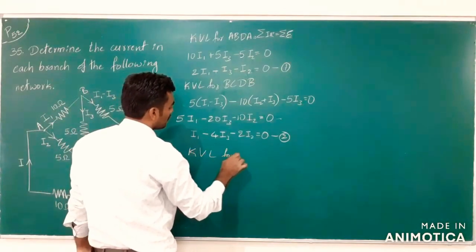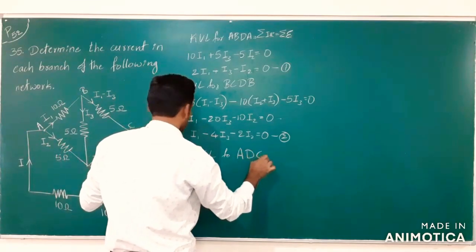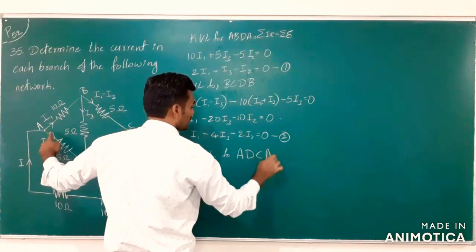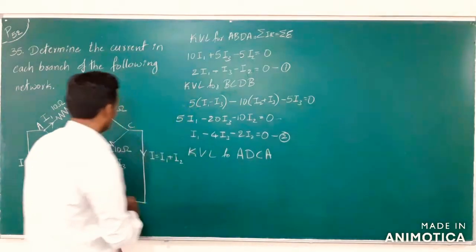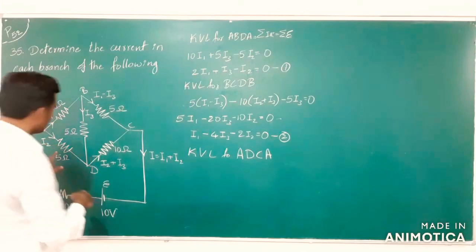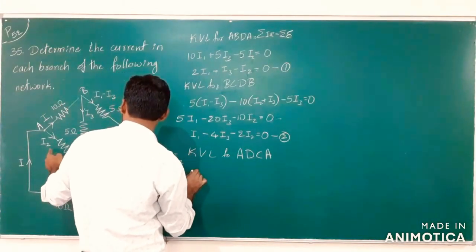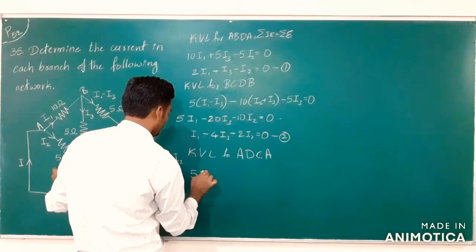KVL for A, D, C, A again. Next, A to D. Current I2 in the same direction through 5 ohm, so it is 5 I2.